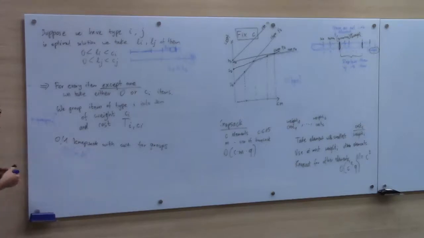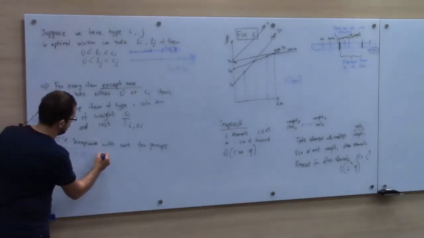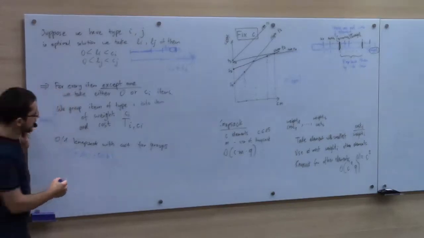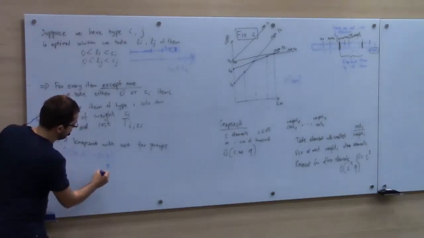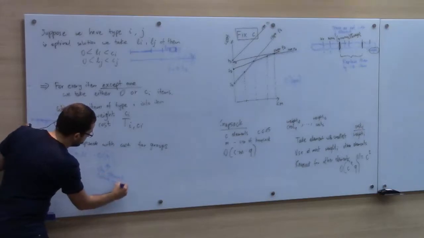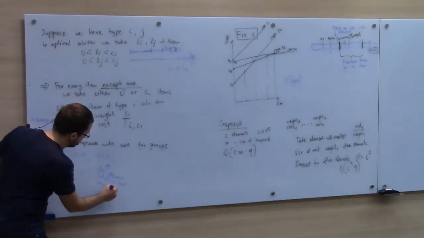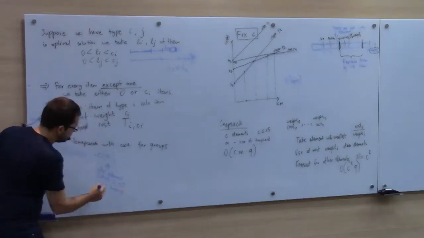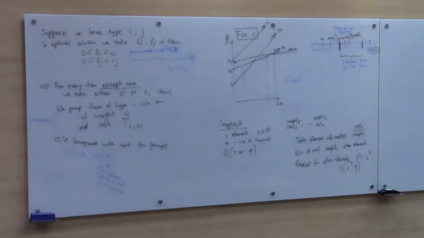So this knapsack will still need to be multiplied by n, because we fix the element which is not in a group. Okay, so we have a knapsack structure for all other elements, and we still need to consider how to put this element which is not in a group into the knapsack.